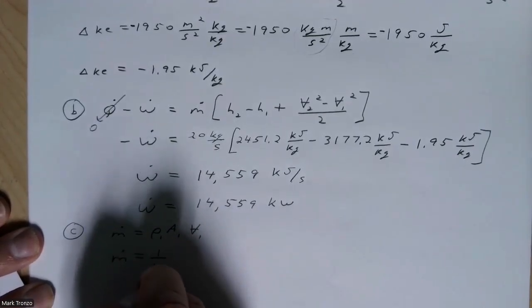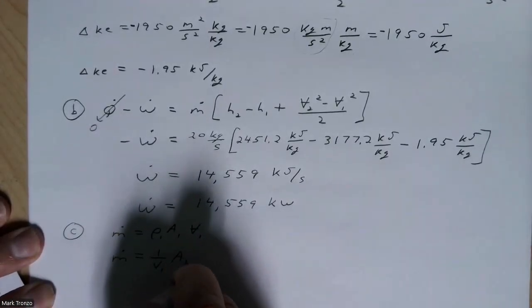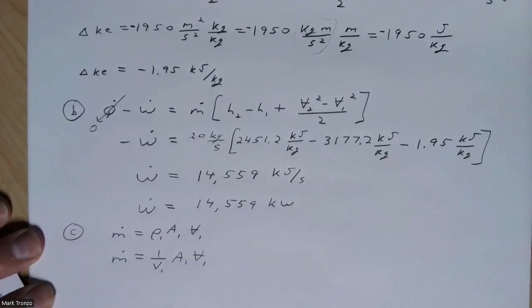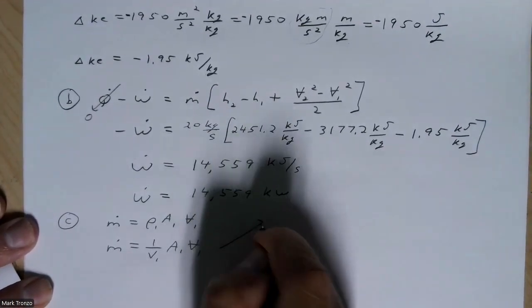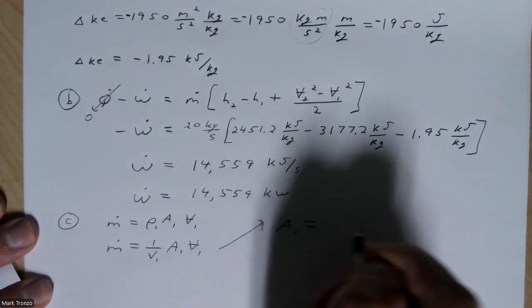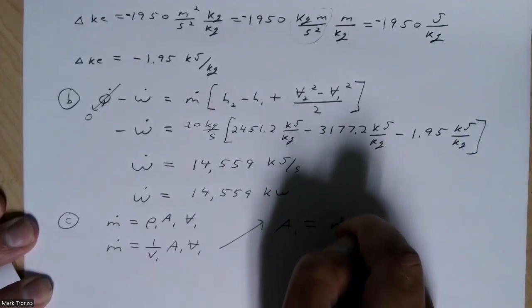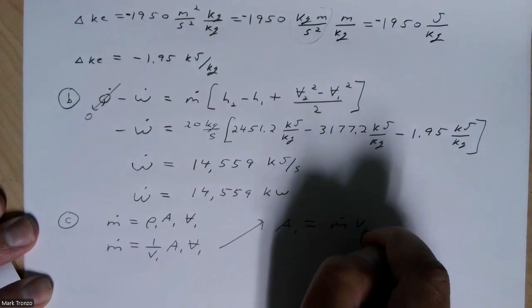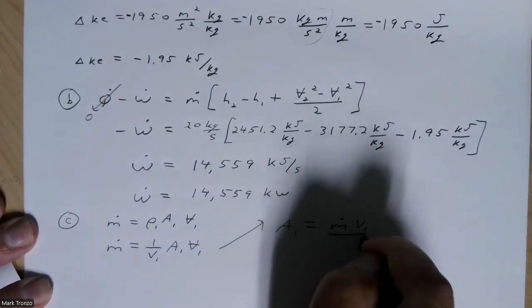So we can remember density is one over the specific volume. So now let's solve for this here, let me solve for A1. Again, the small v is specific volume.